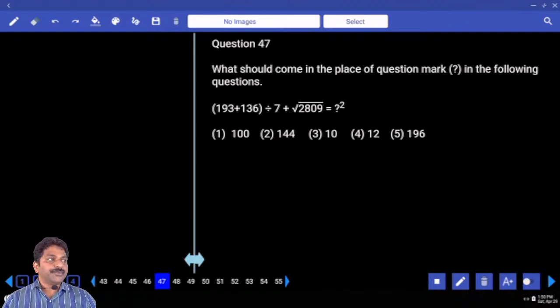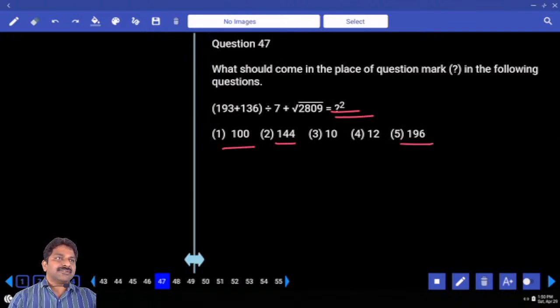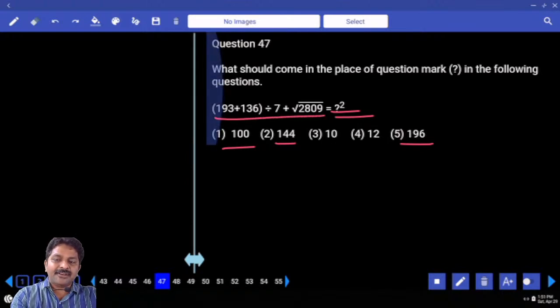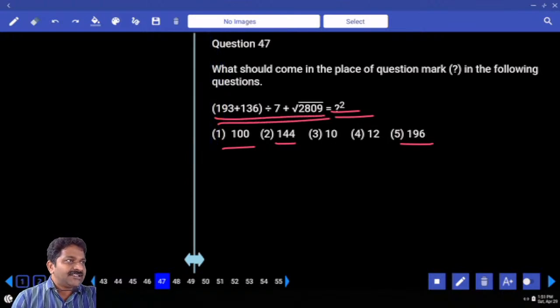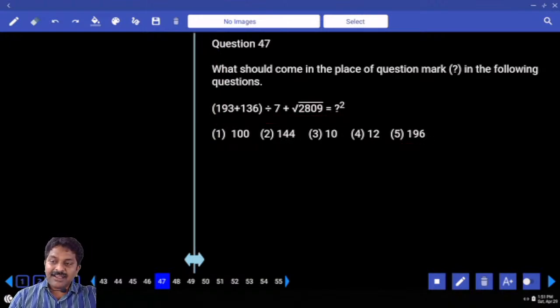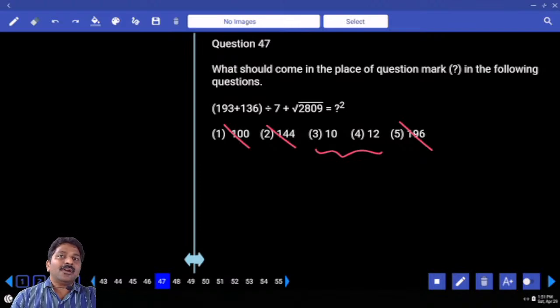When you look at your options, x square value. See, 3-digit number whole square will be definitely a 5-digit number. When you observe your left hand side numbers, is there any possibility of getting 5-digit number? So we can directly eliminate 3 options. Agreed? Right. So out of these two, we can go and verify last digit verification.